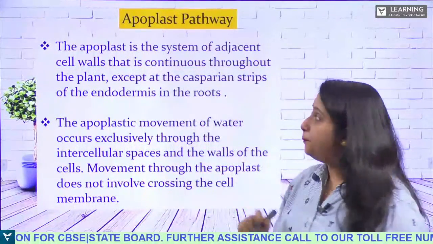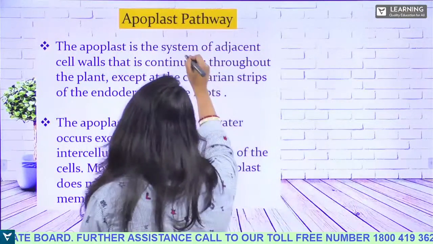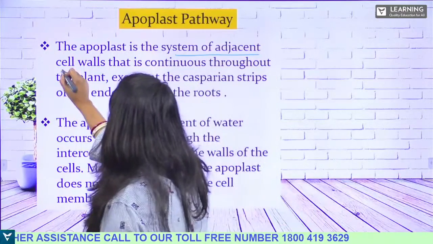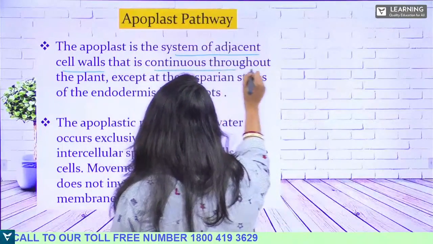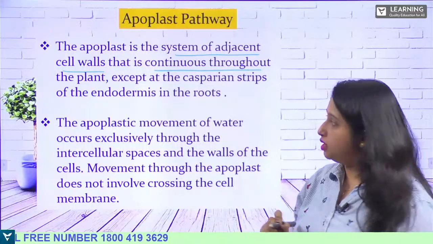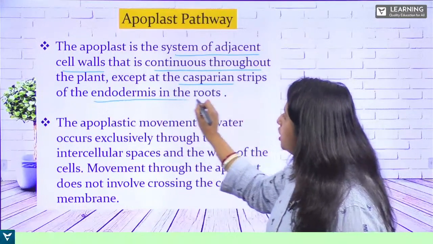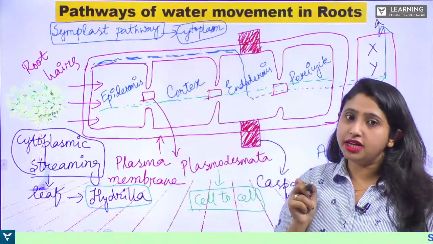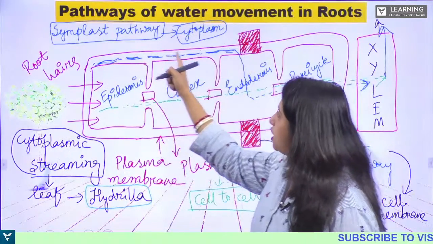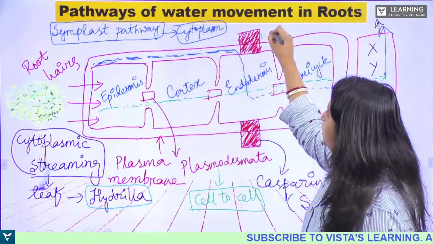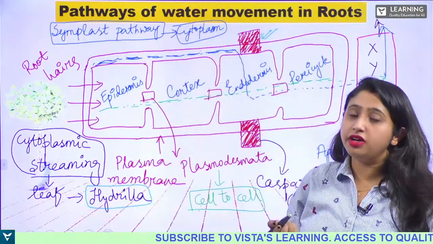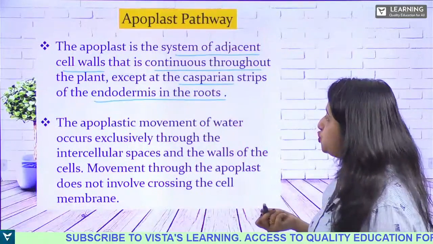Apoplast is the system of adjacent cell walls that is continuous throughout the plant, except at the Casparian strips of the endodermis in the roots. Is that clear? The apoplast pathway is continuous except here in the endodermis layer of the Casparian strips.